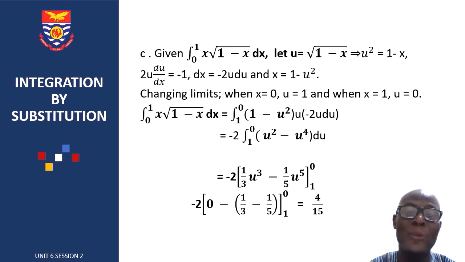So our limits must equally change from x to u. Now changing limits, when x is equal to 0, u is equal to 1.